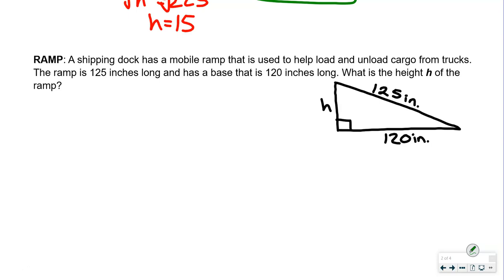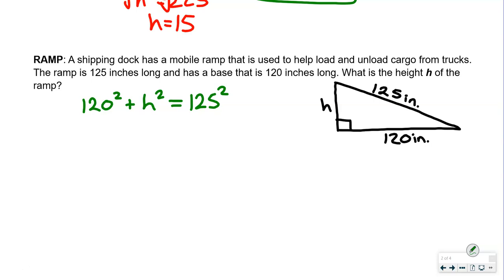We can see from the picture, now that we've drawn that out, that the ramp length is our hypotenuse. So it's going to be our c squared in the Pythagorean theorem. So I would have 120 squared plus h squared equals 125 squared. So hopefully you've got a calculator handy.